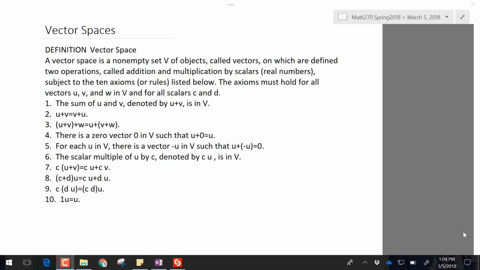So the two operations are going to be the vector addition and the scalar multiplication. So in talking about vector spaces, there needs to be an understanding about what a scalar is. And then the vectors will be either made up of the scalars or made up of some other object that uses scalars.